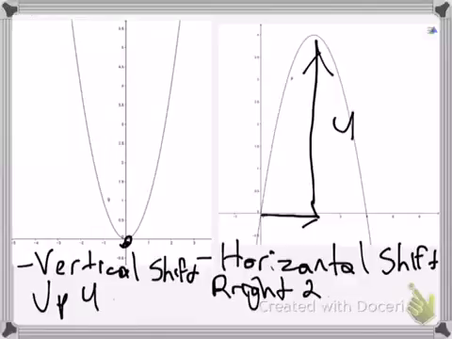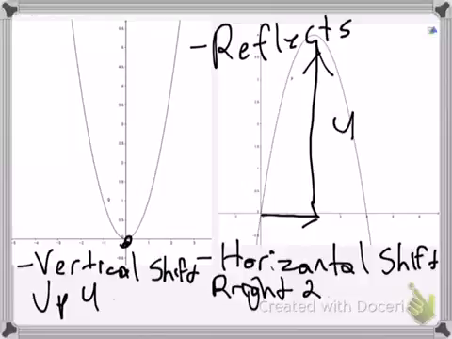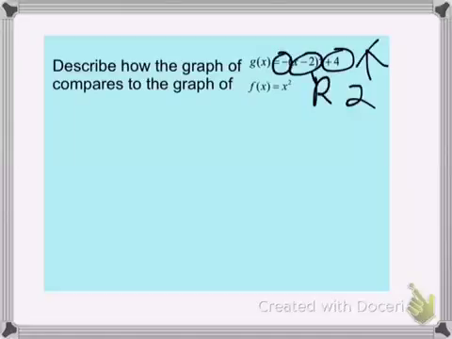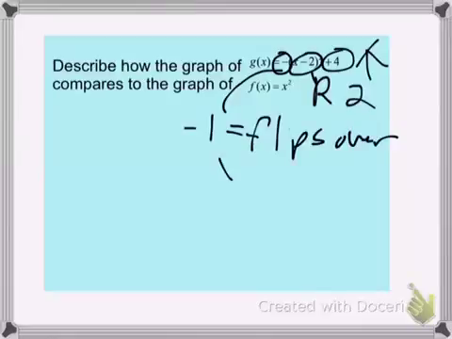Alright, and it also reflects over the x-axis because it's flipped over. So it reflects over x-axis. And you can see that on the graph too. That means up 4. That means right 2. And the negative a value flips over the axis, or reflects over x-axis.